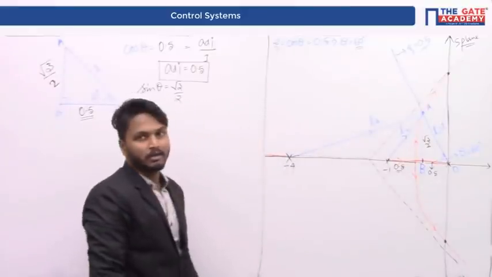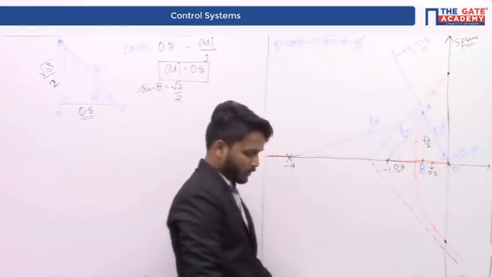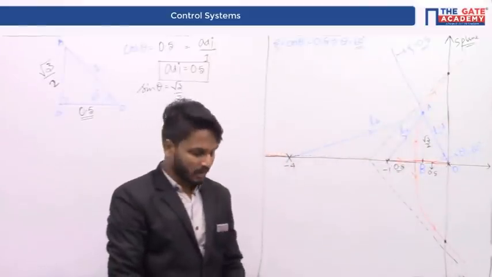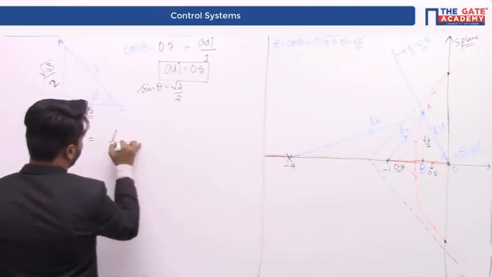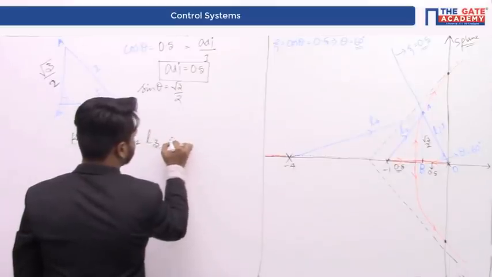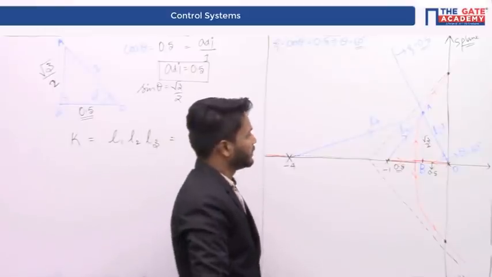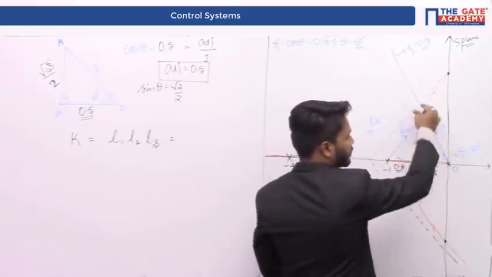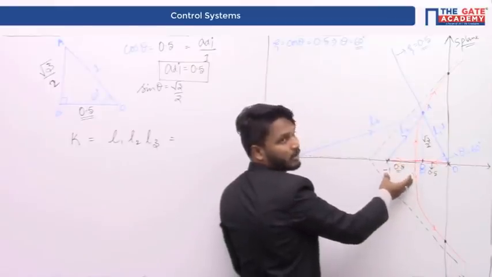In order to find K at this particular point, the gain at this point, you can get it from the magnitude condition as K is equal to L1 multiplied by L2 multiplied by L3. L1 is anyways 1, and you can calculate L2 from this right angle triangle.